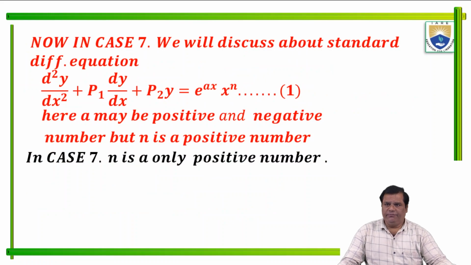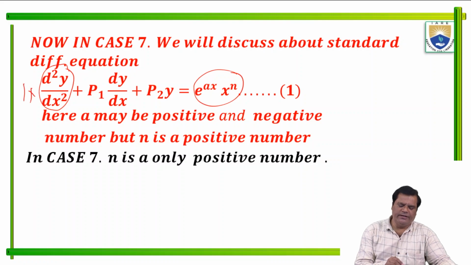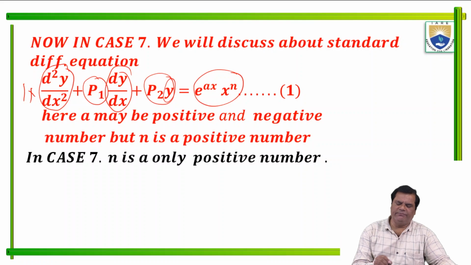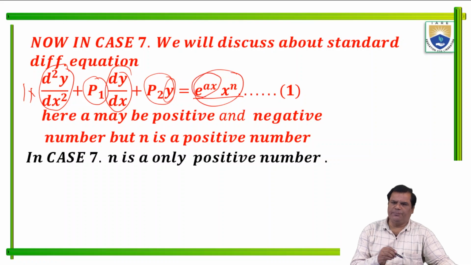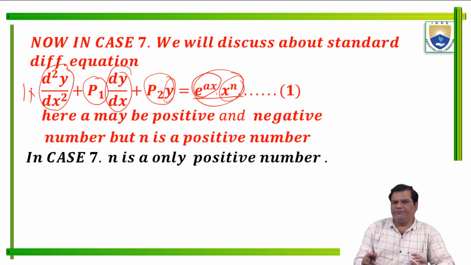Now in case 7, we will discuss the standard differential equation. So here we write the same equation, d2y by dx2 multiplied by 1 plus p1, some number, dy by dx plus p2, a number, multiplied by y, equal to the right hand side exponential function e to the power ax multiplied by some algebraic function. So in the value of Q on the right hand side there is a product of two functions. First is exponential, the other is an algebraic function.